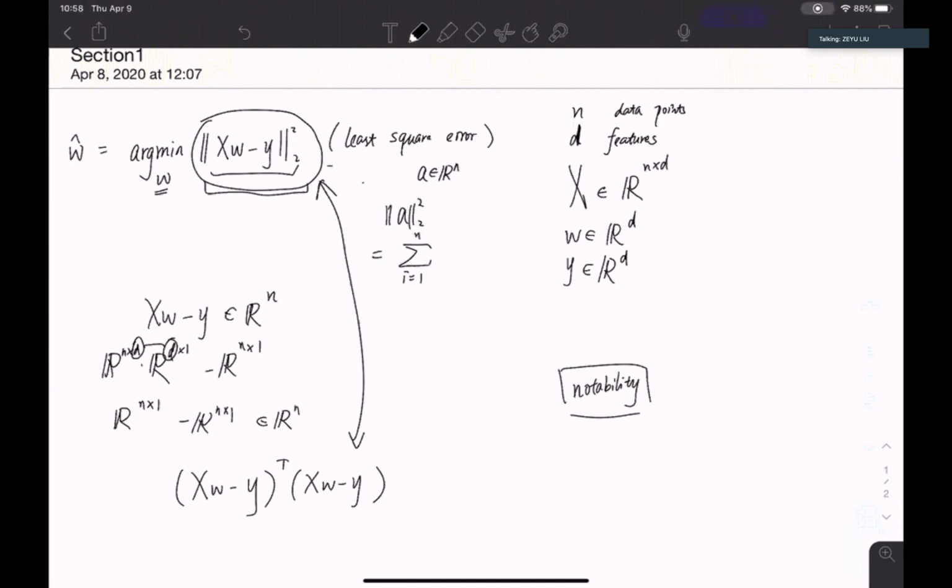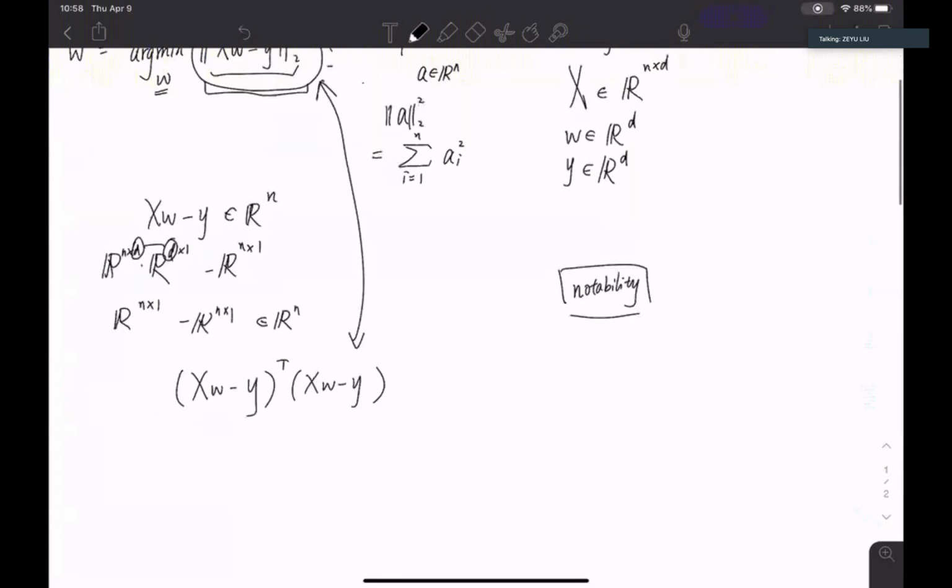Because the L2 norm without the square will have a square root on the outside of this summation, but we have a square on the L2 norm.